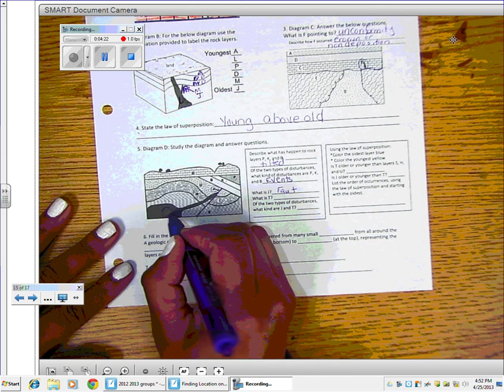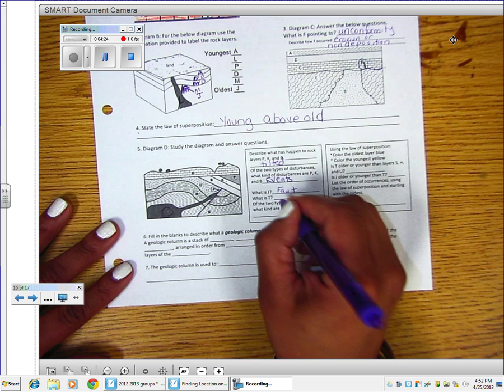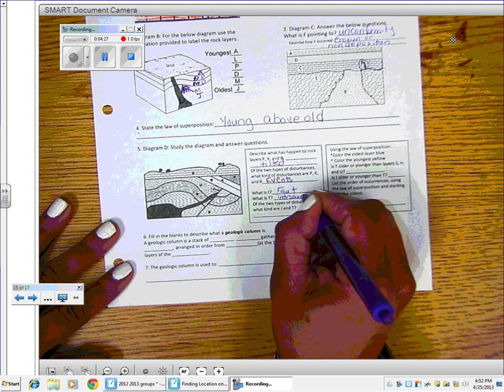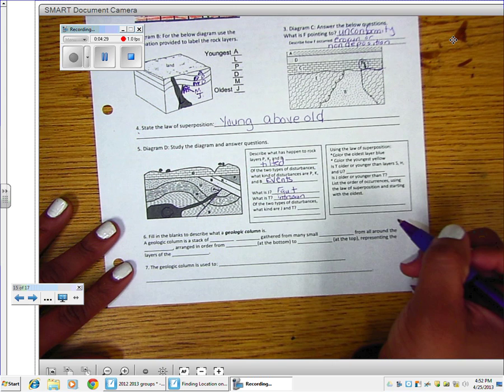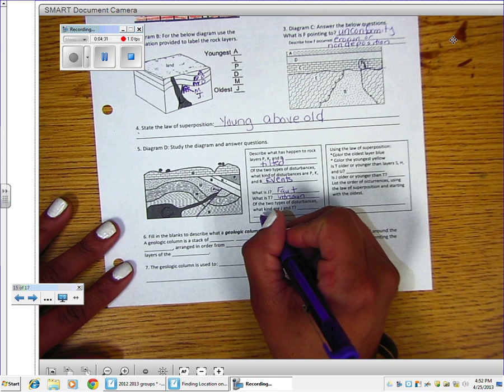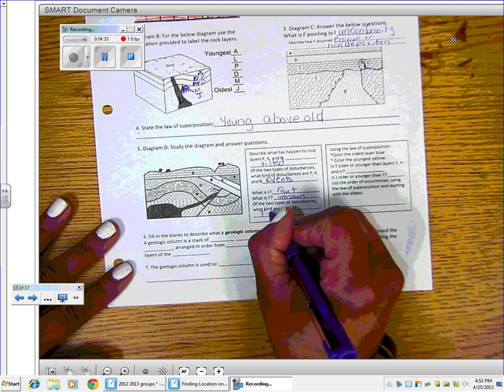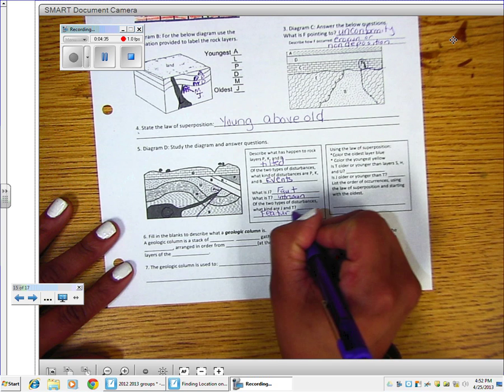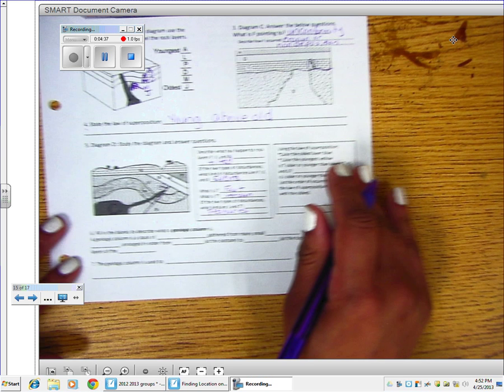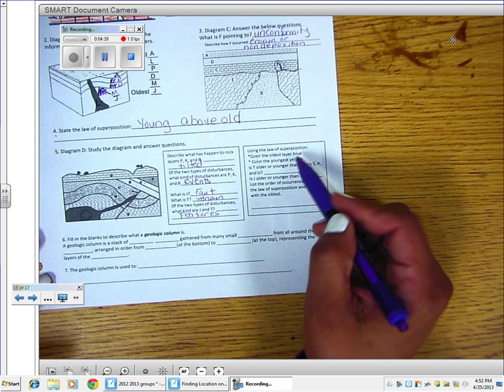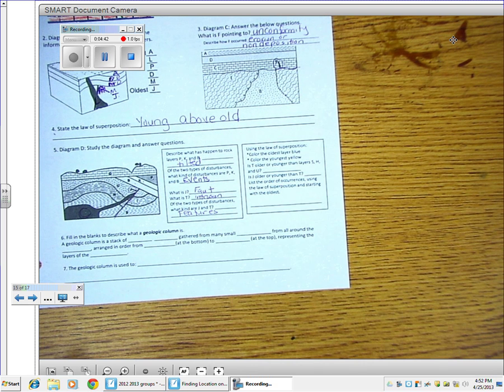T is this area here. That is an intrusion. And of the 2 types of disturbances, what are J and T? These are features. Using the law of superposition, we're going to color the oldest layer blue.